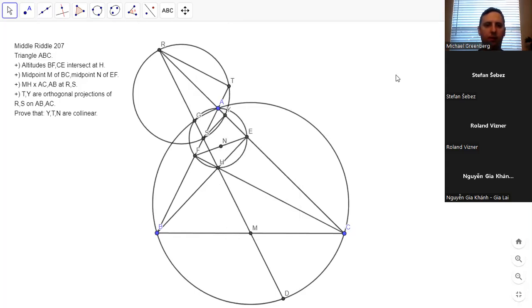It's pretty interesting. So yeah, if we could show YN and H are collinear, then by symmetry, we could also prove that TN and H are collinear.